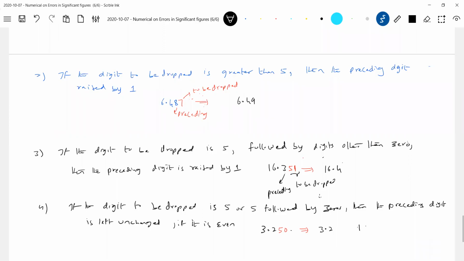It is like 13.80.250. The 5 and 0 are to be dropped here.